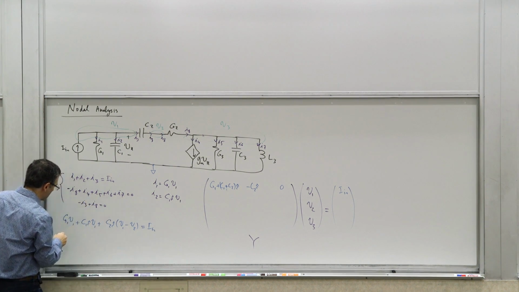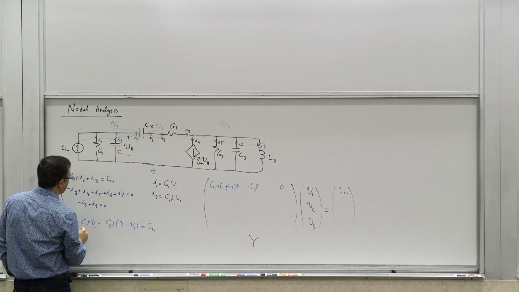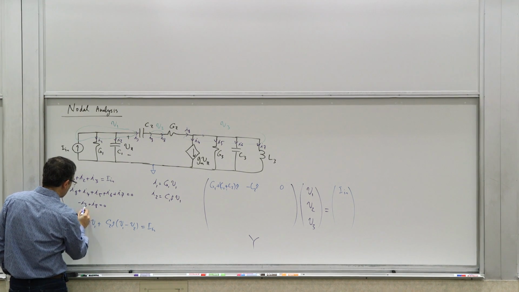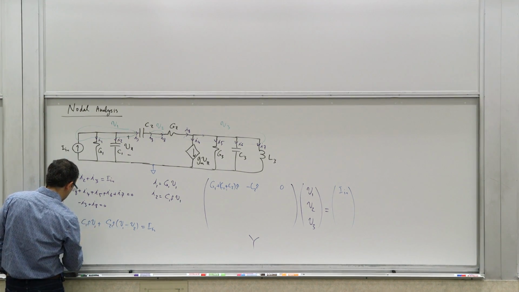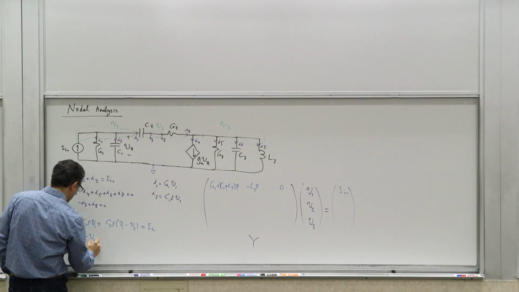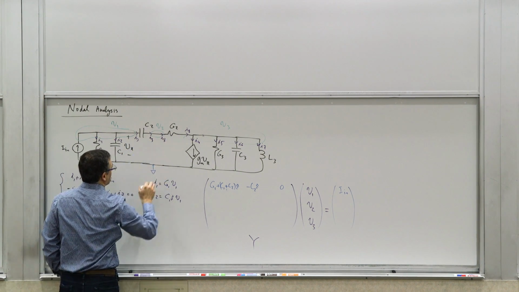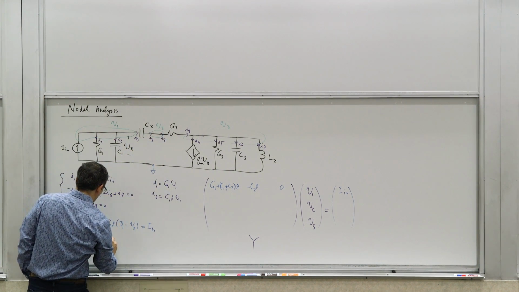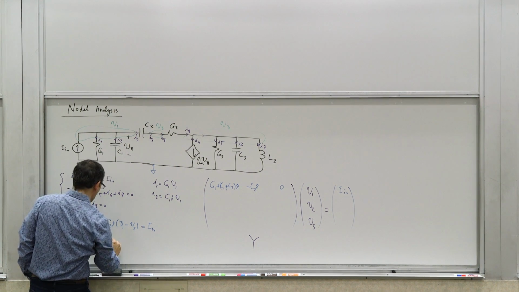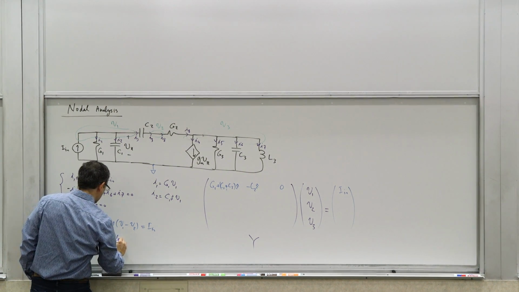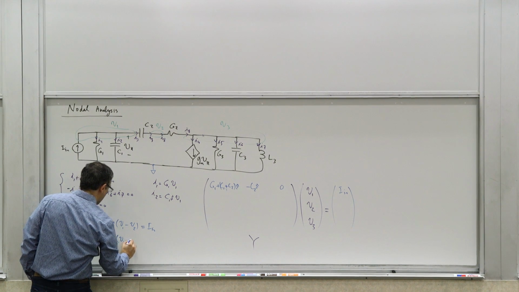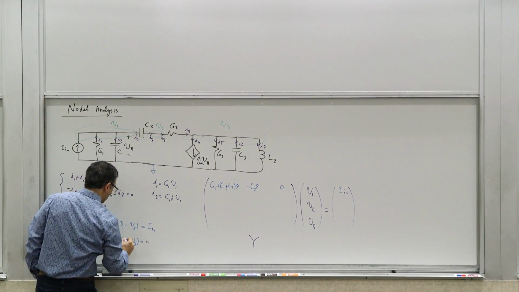I just wrote them in the wrong order, which basically says that this current, which we calculated to be negative C2s, V1 minus V2, plus now this current, which is basically going to be G2 times V2 minus V3 equals 0.